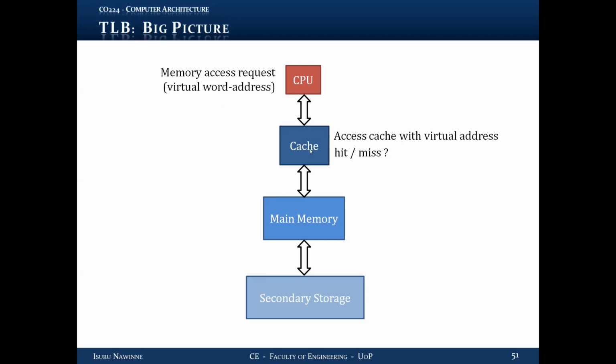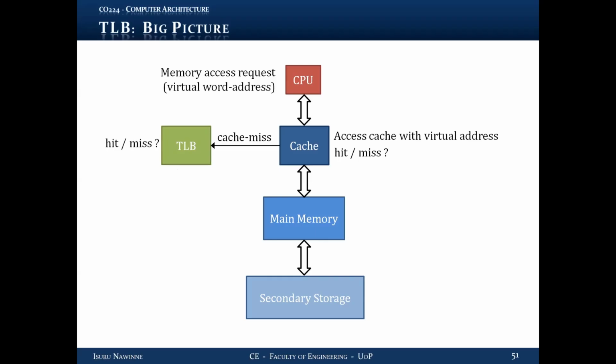So the cache is virtually addressed. Then there can be two outcomes here: we can have a cache hit or a miss for that virtual address. If we have a cache hit, we can send the data directly to the CPU without anything else to be done. If we have a miss, then we need to access the memory.